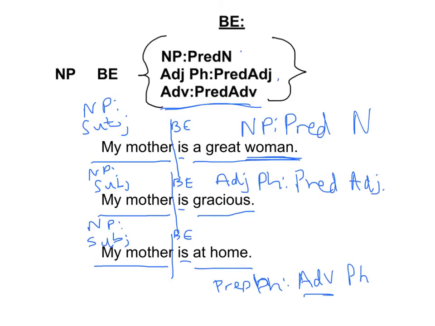If you just call it an adverb phrase, that's fine. I just want you guys to remember that that's a prepositional phrase. So this is acting as a predicate adverb. You cannot have predicate adverbs with your other linking verbs. That's why we add that.